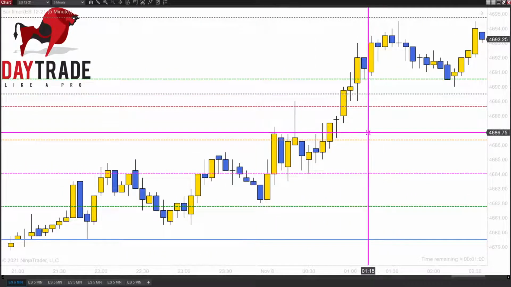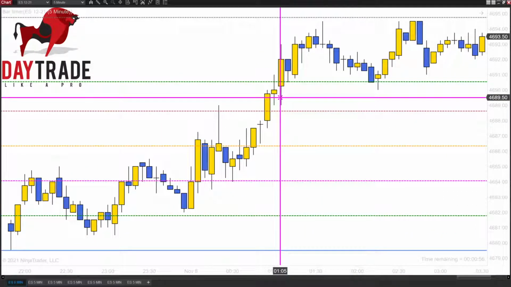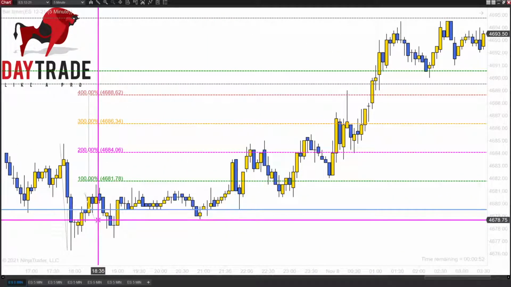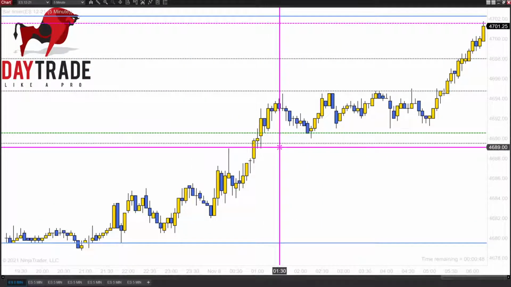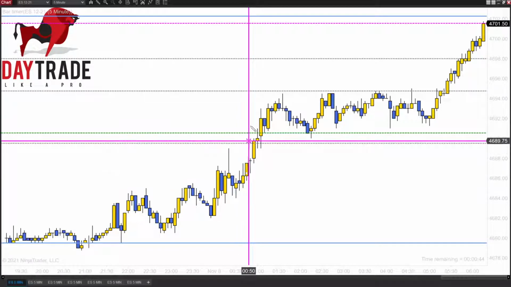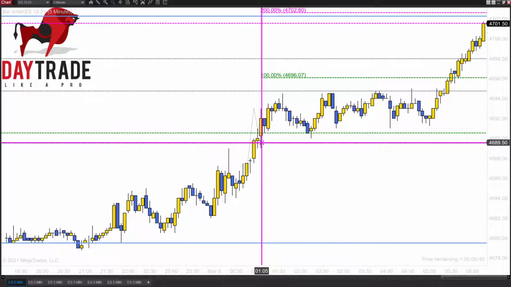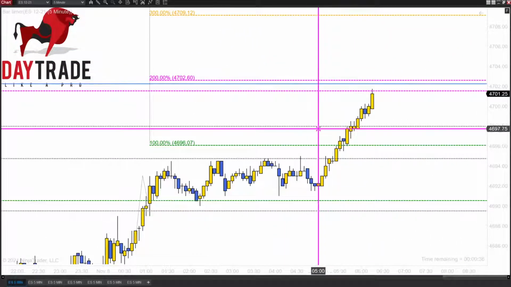Alright, so then this is the break above this KP, and I'm going to go back here and erase this because it's just too much going on here with everything else. We can come back in and draw it in if we decide we're going to need it. So here's your break of the KP. And there's your target 2 of that one.